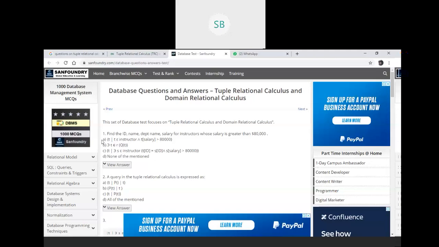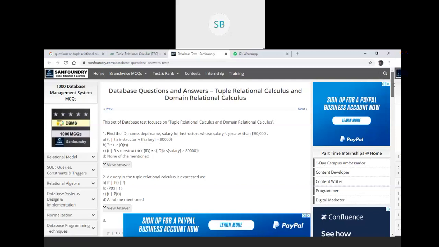So which one will it be? A, B, C, D? Yes, it is A. There is a variable t that belongs to instructor of t, and salary is t dot salary greater than 80,000.